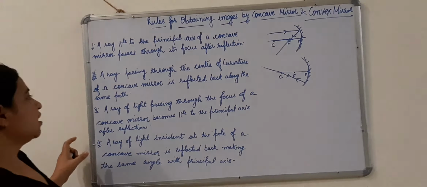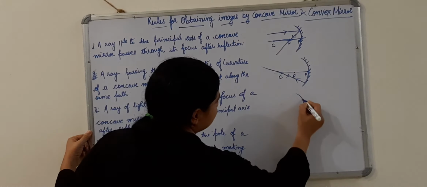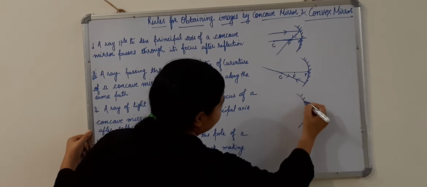Third rule says, again I have to draw the concave mirror. Pole, you have to keep all these things in mind. A ray of light passing through the focus.